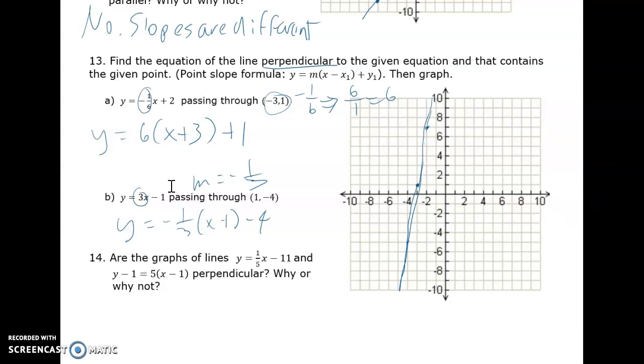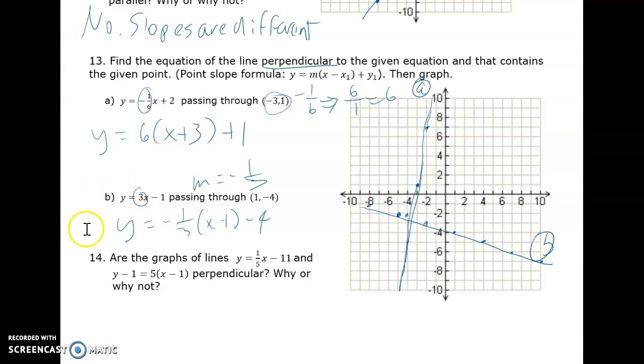And for part B, going through 1, -4, and I have a slope of -1/3, so down 1 and 3 right, down 1, 3 right, up 1, 3 left. We get the idea here. Okay. So this is A, this is B.